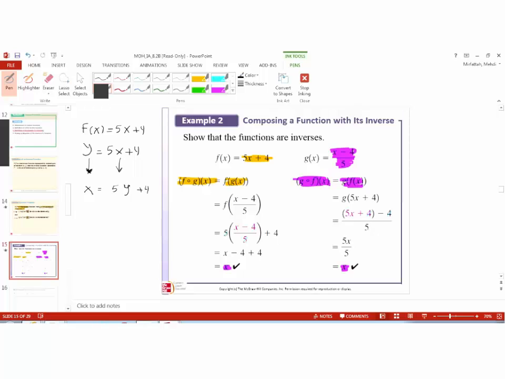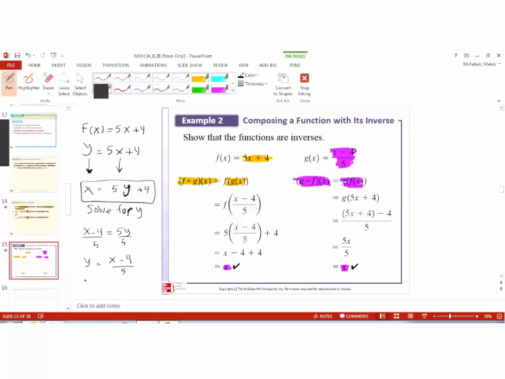Then step number two, you solve for y. Pretty simple steps actually. So if I solve for y here, I subtract 4 from both sides of the equation and divide both sides by 5. So that's what I get. y would be equal to x minus 4 over 5.